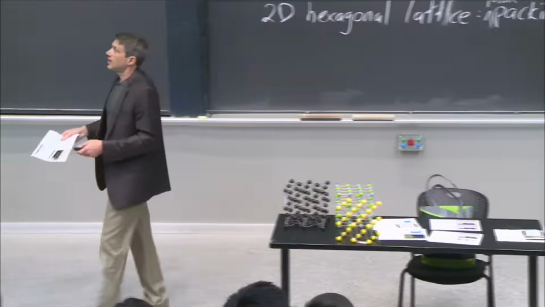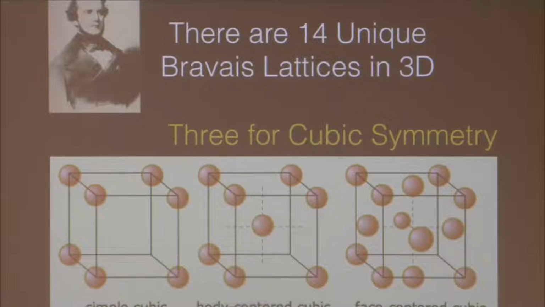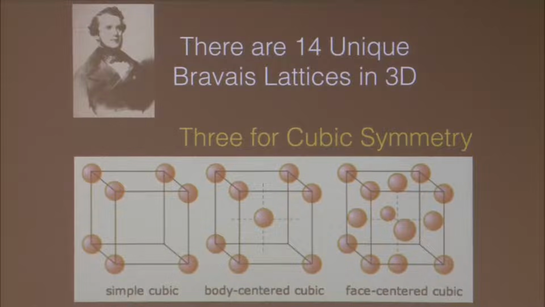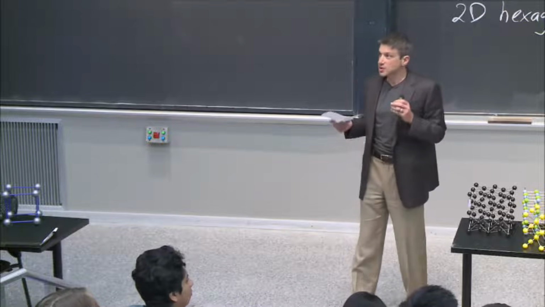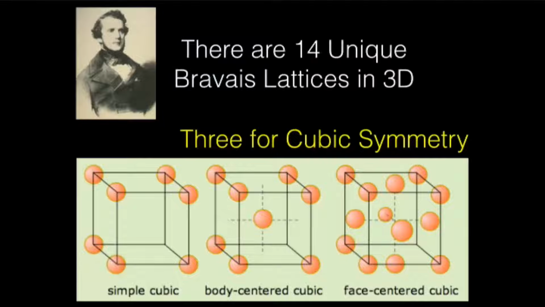And it forms a cubic unit cell. These are the 3 ways: a simple cubic, a body-centered cubic, and a face-centered cubic. These are the 3 types of lattices that have cubic symmetry. They're the only 3.